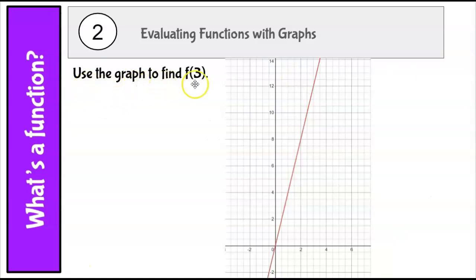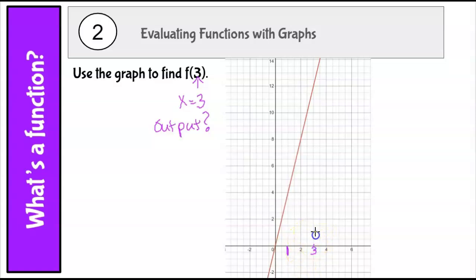Use the graph to find f of 3. So remember, this is going to be x. That's my input. I want to find the output. So I go to 1, 2, 3. This is tricky because this is going by halves. So that's 1, and this would be 3.